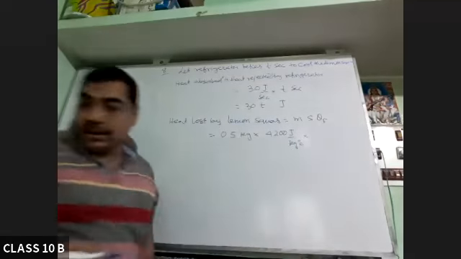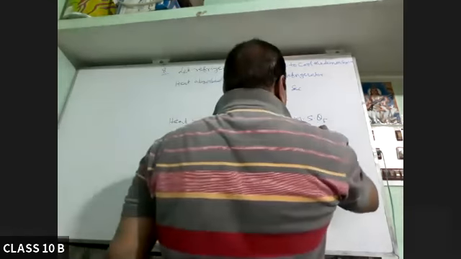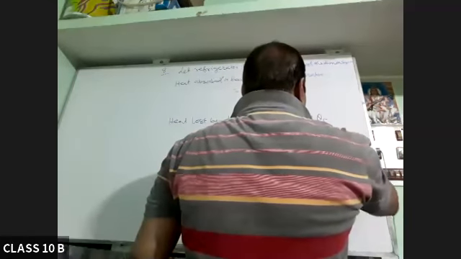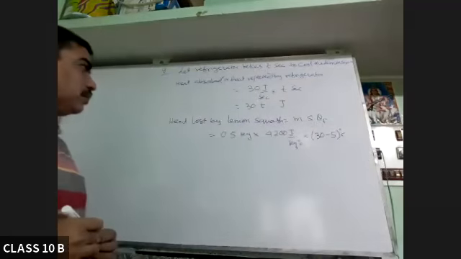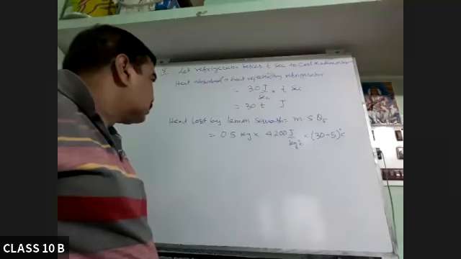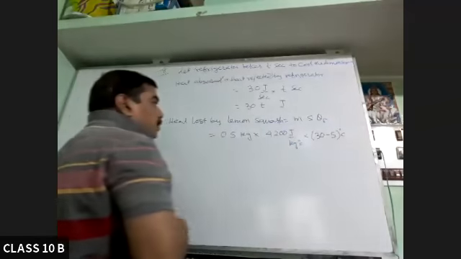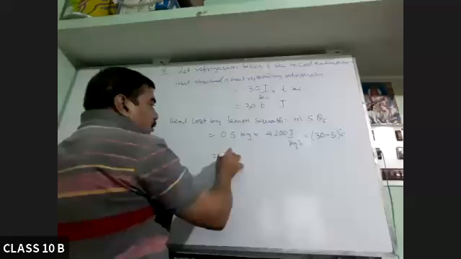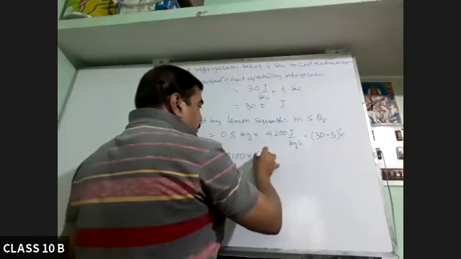And the fall in temperature is from 30 degrees to 5 degrees, so 30 minus 5 degrees Celsius. So kg cancels, degree Celsius cancels, and this also will come in joule. So 2100 into 25. This much joule.